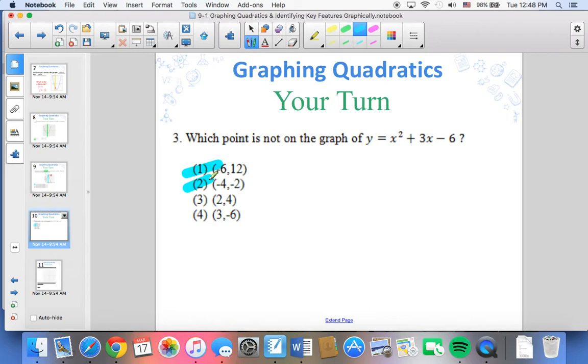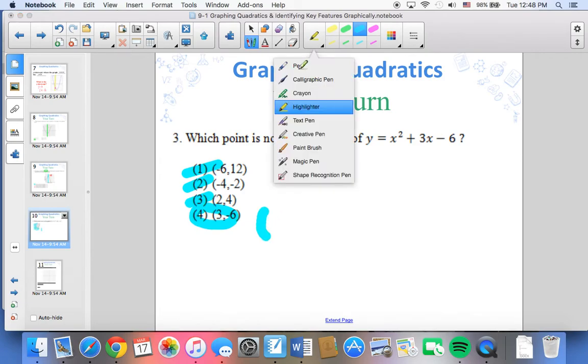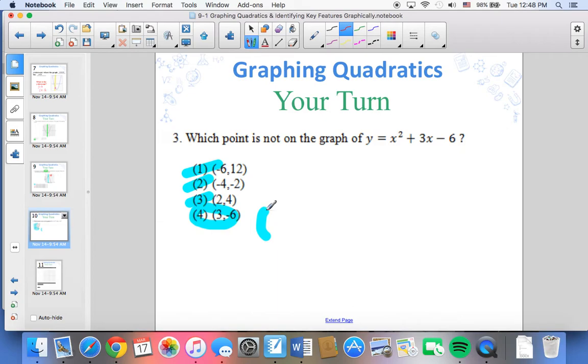Scroll down to 2. (2, 4) is another point on the graph, so we're not going to pick that. Hopefully it's this last one, and it is. (3, -6) is not on the graph. The point that's on the graph is (3, 12). So (3, 12) is on the graph, (3, -6) is not.